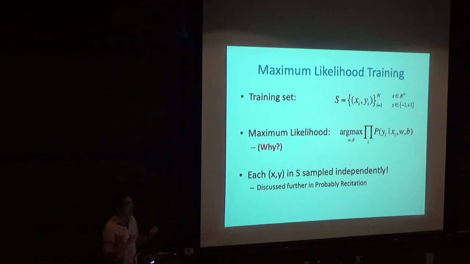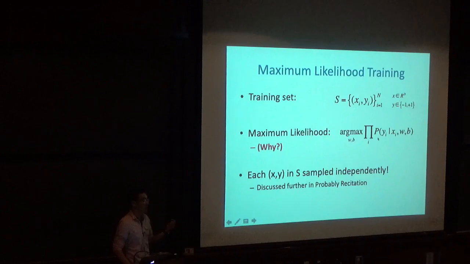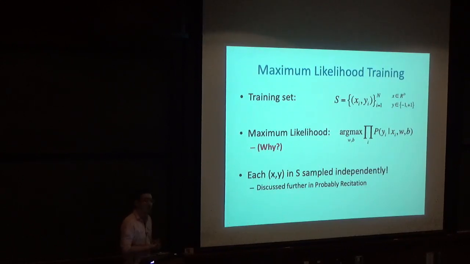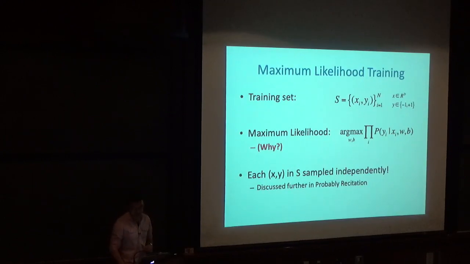Because everything's sampled independently, according to the laws of probability, that factorizes multiplicatively into the product of the probabilities that we get each individual one correct. If you're familiar with probability, this is something you should already know. If you're not, we'll have a probability recitation later on in this class before we get into probabilistic models in more detail.